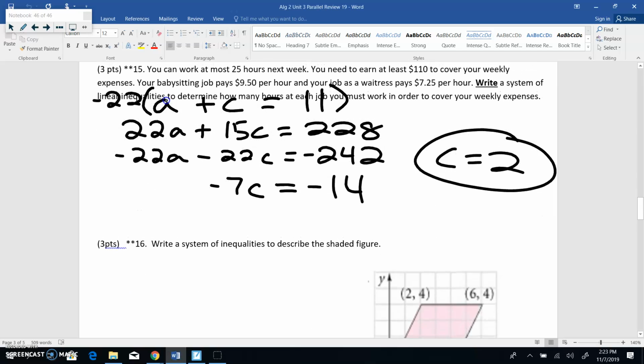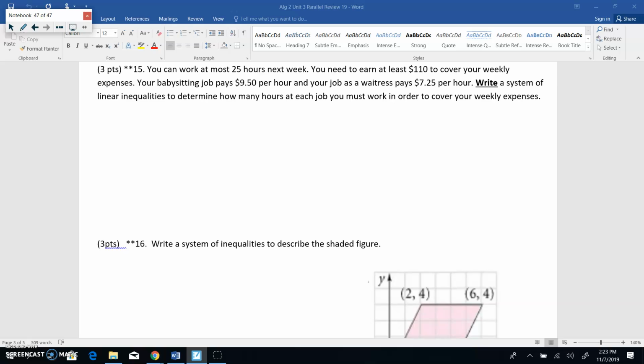Number 15. This is just a setup question. There is no work to this. Just set the equation up and move on. For my equation here, I've got 2 jobs: a babysitting job and a waitressing job, and I can work at most 25 hours. When we talk about at most, we want to be under or exact.